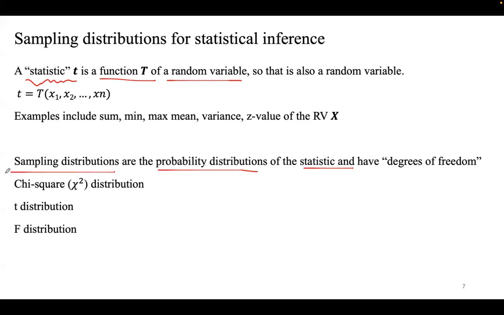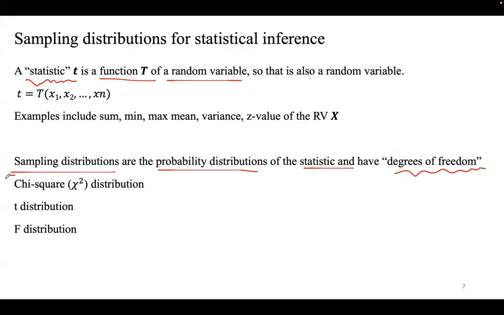Remember, we talked about population and sample. Since the distributions of these statistics are used when you have a sample, that's why they're called sampling distributions. In addition to the parameters mu and sigma square, they also have another parameter called degrees of freedom. We'll talk about that also.